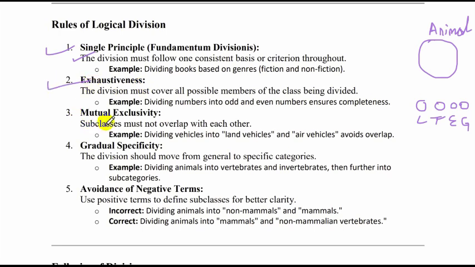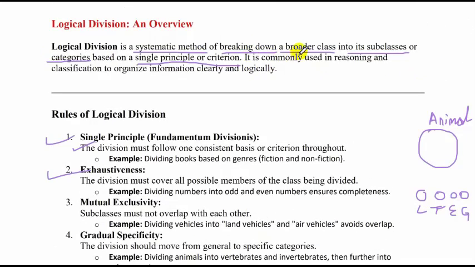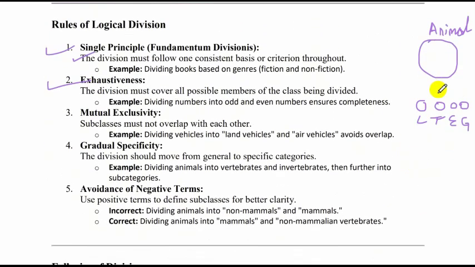Exhaustiveness. The division must cover all possible members of the class being divided. Nobody should be left out. If we are following a single method of division or single principle for the division, then all members of that broader class have to be divided into classes.